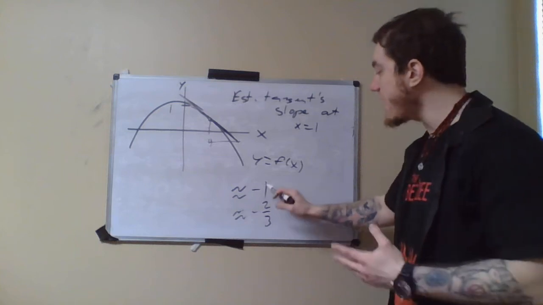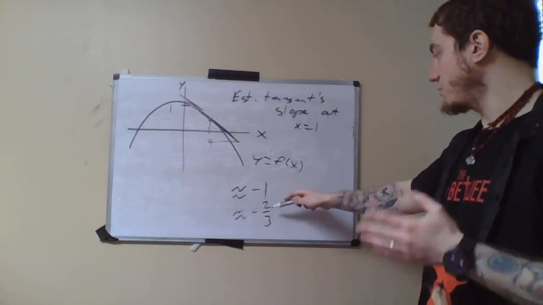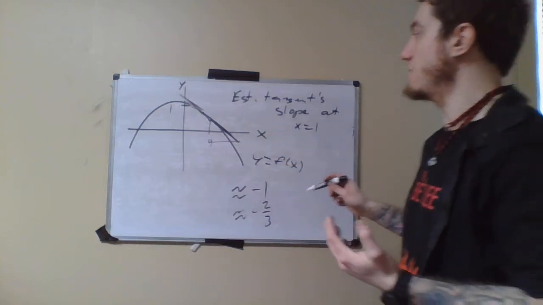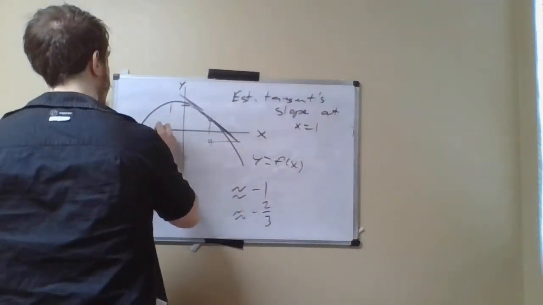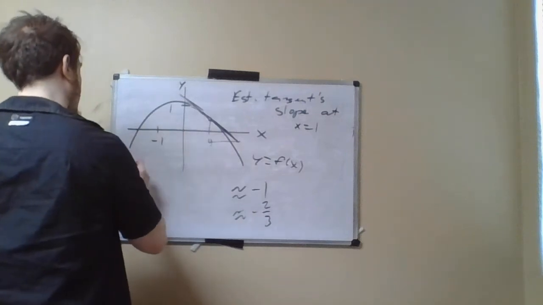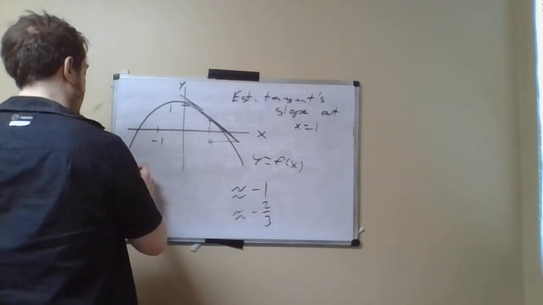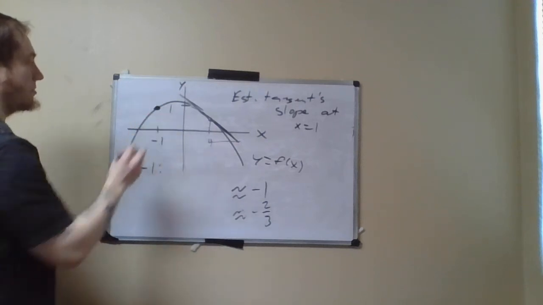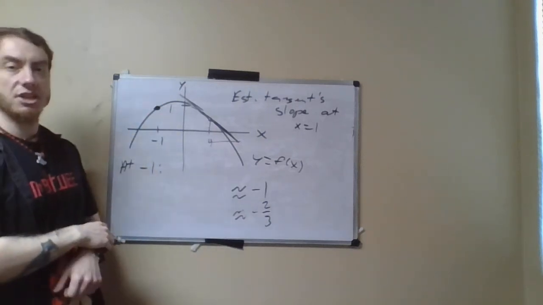But what I mean is the magnitude should be somewhere between 2/3 and 1 or in that region, and it should be negative. Now, if I wanted you to then estimate the tangent slope at -1, what do you think this looks like it comes out to be? Take a minute to kind of eyeball that and see what you can say.